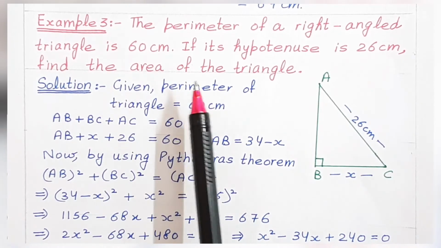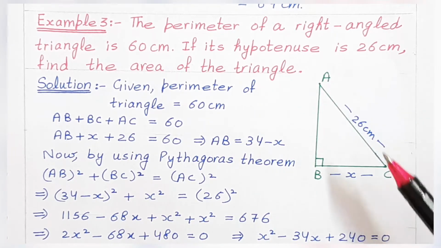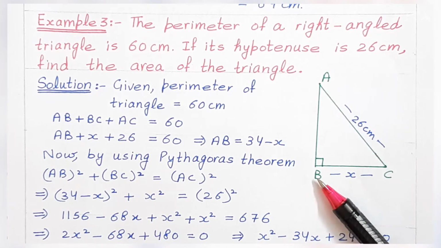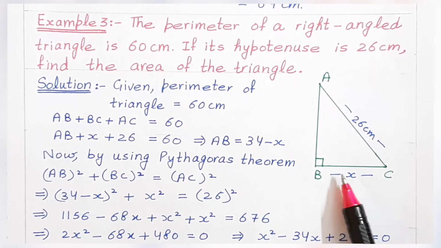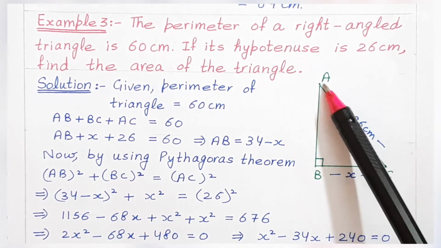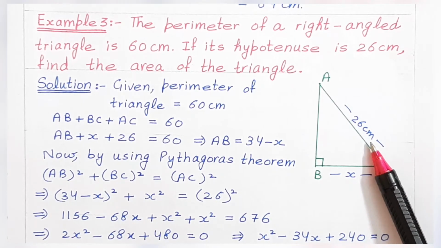Find the area of the triangle. Now we can see in the figure triangle ABC is right angled at B, where let us assume BC as x centimeter. Hypotenuse is already given, that is 26 centimeter.